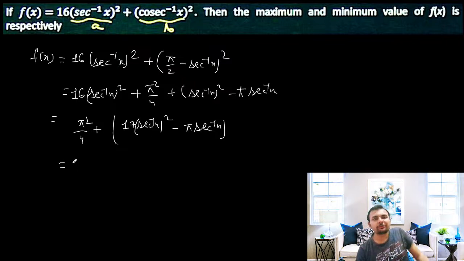So what will happen is that we'll try to form a square. This is pi square by 4. We'll pull out 17.